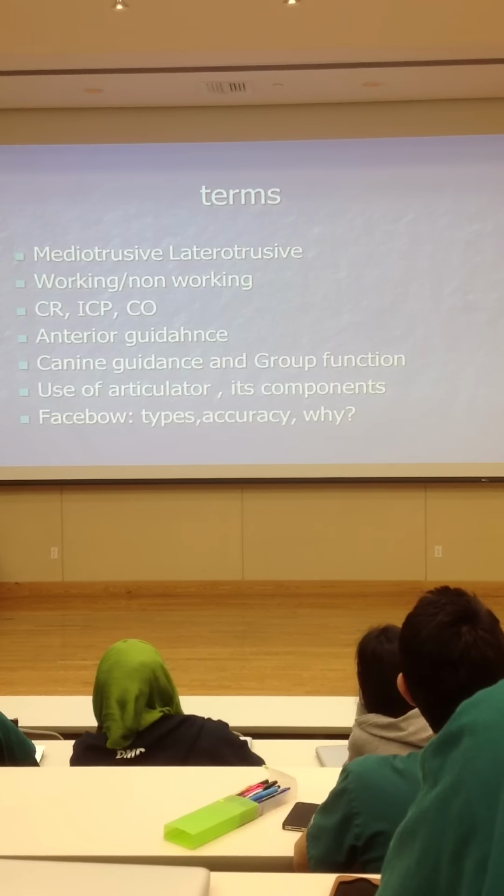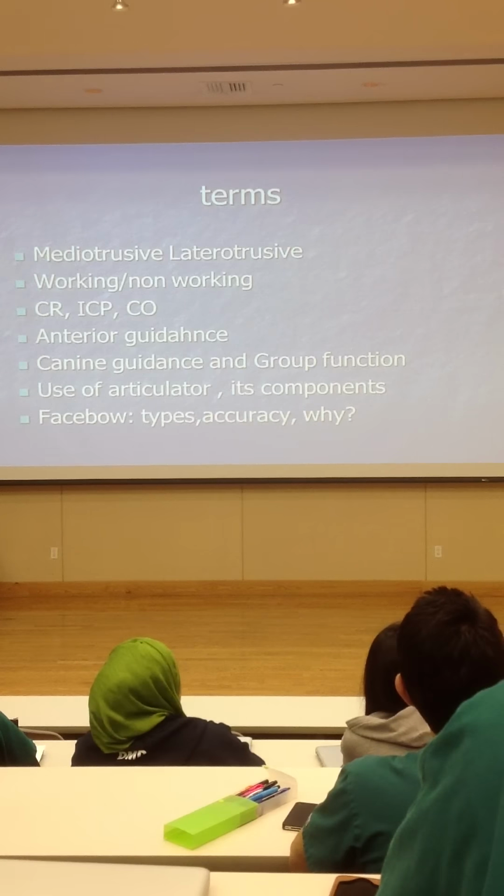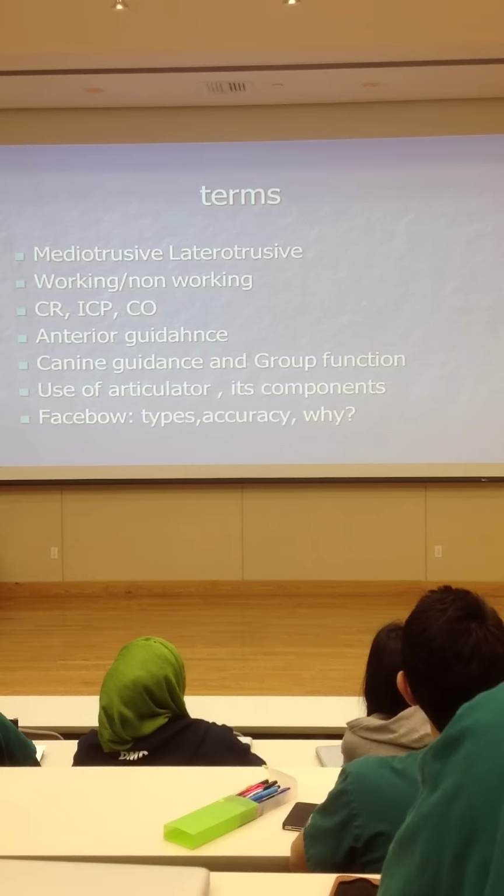Now, what's the difference between the arbitrary face bow and the kinematic? By the way, is kinematic the name of a face bow? Is it after somebody's name? No. What does the word kinematic mean? It's Latin, I think.